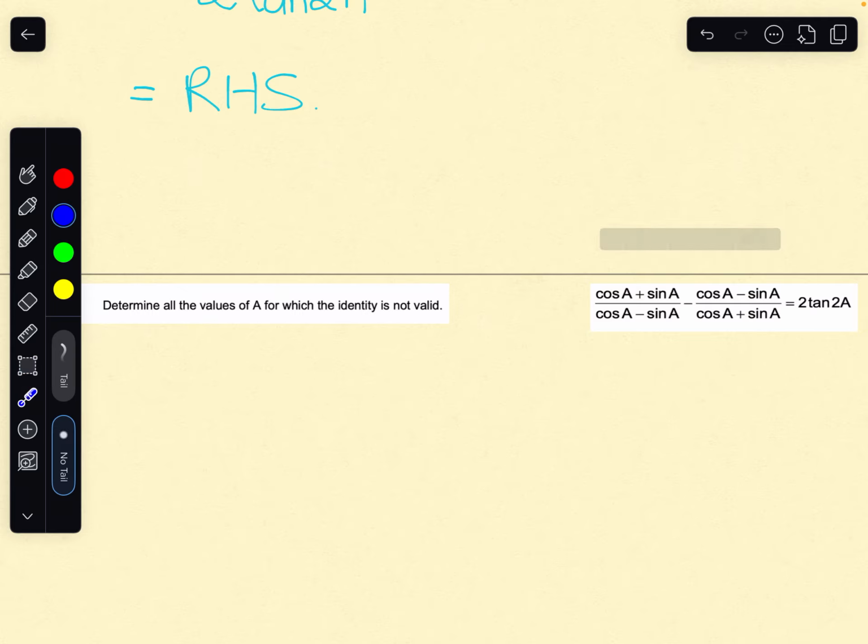Okay, so I'm going to look at the tan firstly, because we know that tan is undefined at certain points. If you think about the tan graph, there are those asymptotes which indicate places where the tan function is not defined. So that's the one kind of thing that would tell us about where the identity is invalid.